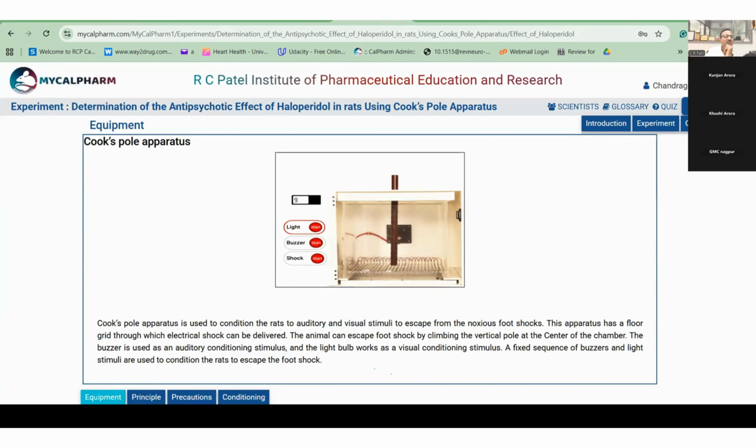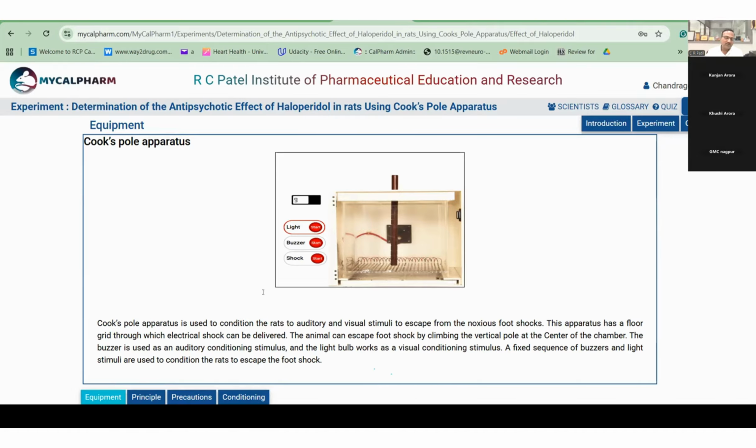Pharmacology teachers can appreciate how we can tell about the antipsychotic effect of drugs using conditioned response. All pharmacology teachers, while explaining to students what is meant by conditioned response and unconditioned response, and how antipsychotics selectively suppress the conditioned response, use this classical experiment, which is called Cook's pole apparatus.